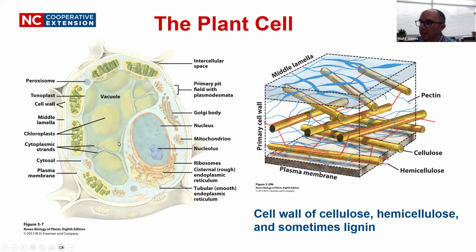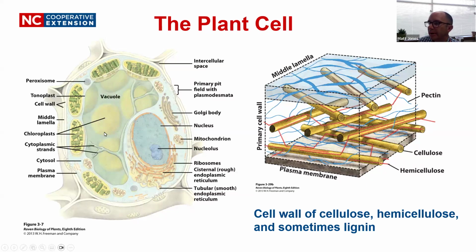There are a few things that are different about plant cells, though. One is that they contain chloroplasts, obviously. Animals don't contain chloroplasts. Chloroplasts are where photosynthesis takes place. Plant cells also have a component called a vacuole, which is essentially a secondary lipid-enclosed sac inside the cell.